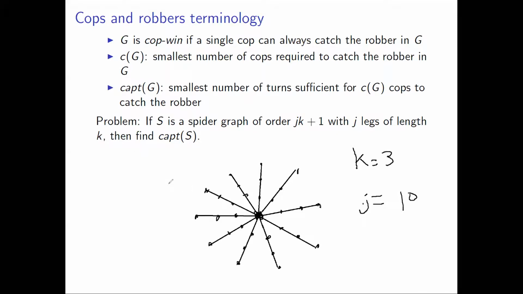So that's a spider of order 31. And this problem is just to find the capture time of this spider. And remember, the capture time depends on the cop number. So for the spider, you'll also need to find the cop number, but that shouldn't be too difficult.